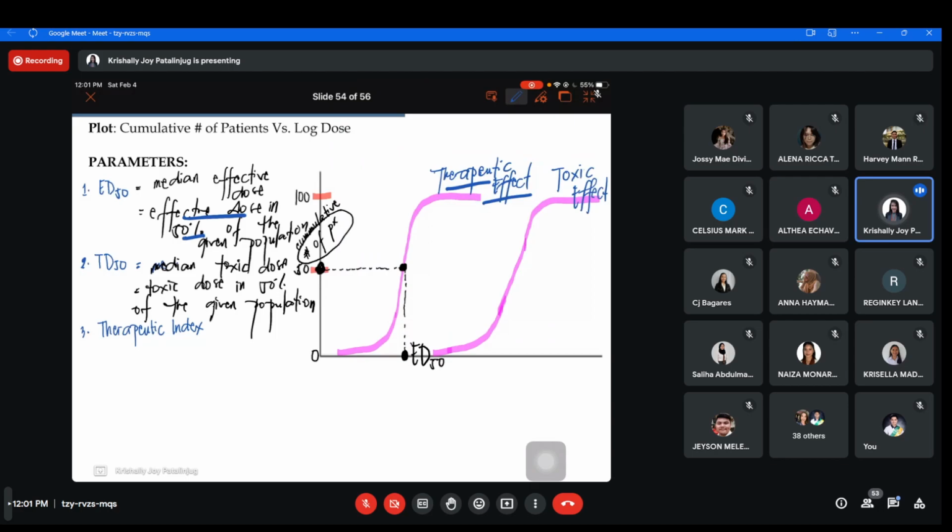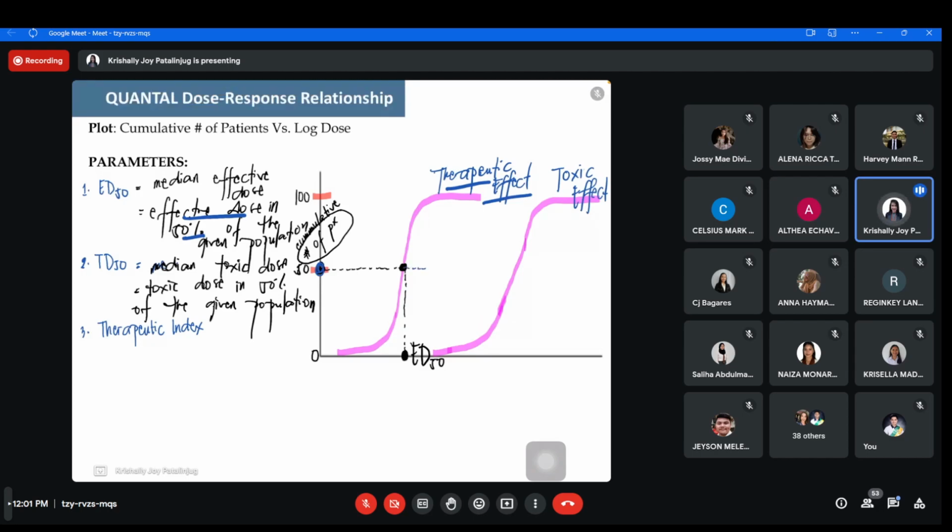So kapag TD50, toxic dose sa 50%, this will be your baseline, yung curve for the toxic effect, and then plot it down. This would be the TD50.